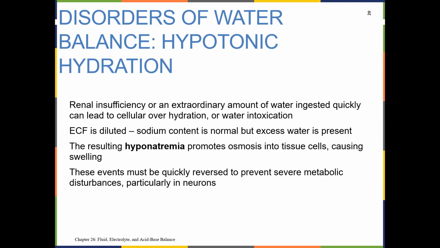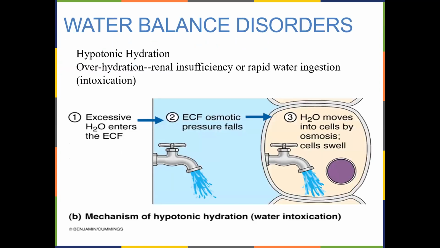It will go in, the cell can swell up and could rupture. And that's never good, particularly in the nervous system. So this is hypotonic hydration, or water intoxication. Too much water comes in. Your patient drinks excessive amounts of water. If some is good, more has got to be better. You often see this at the end of a marathon, for example.